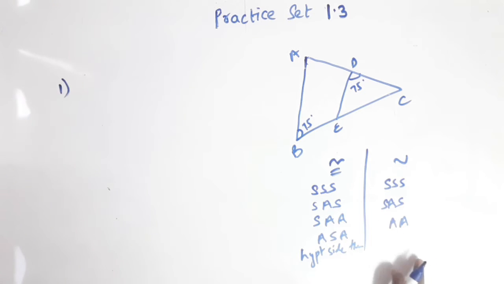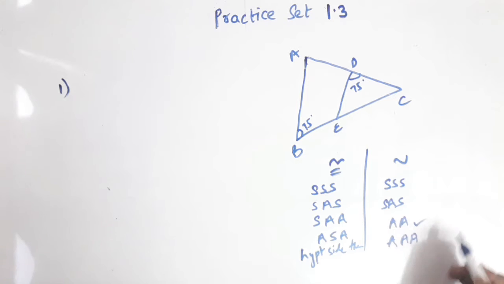That also implies that the third angle automatically becomes congruent because it is the remaining angle. So writing AAA is not necessary. We can prove by this test. Okay, so let us start.